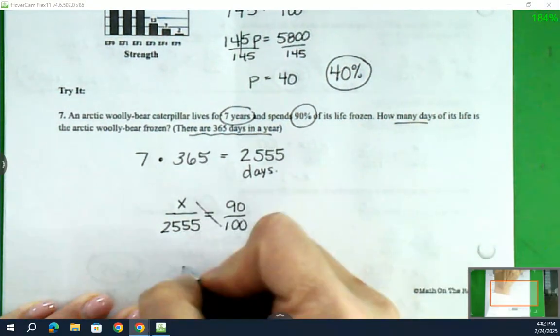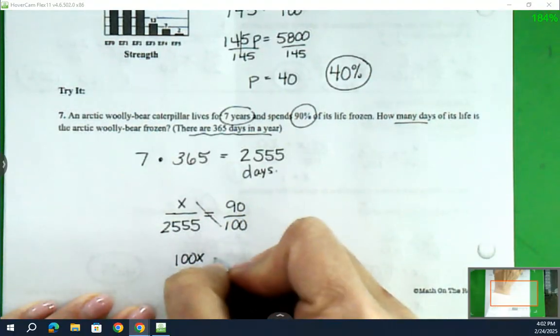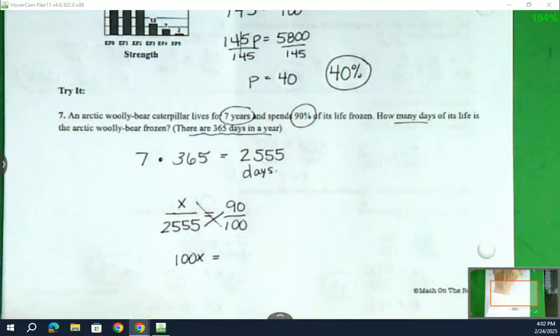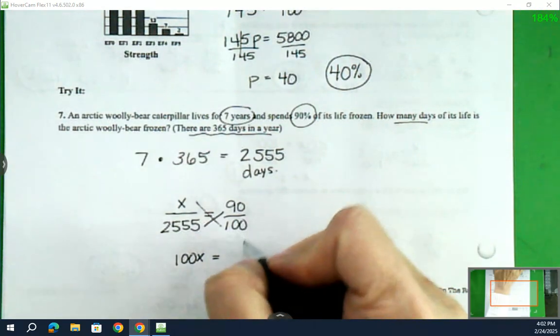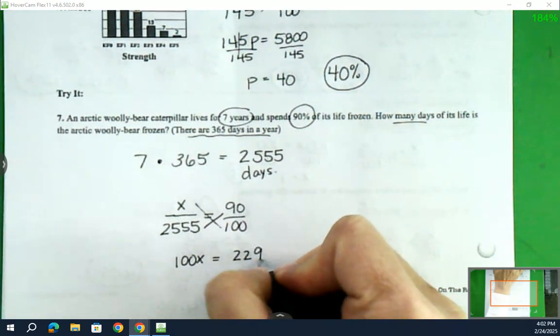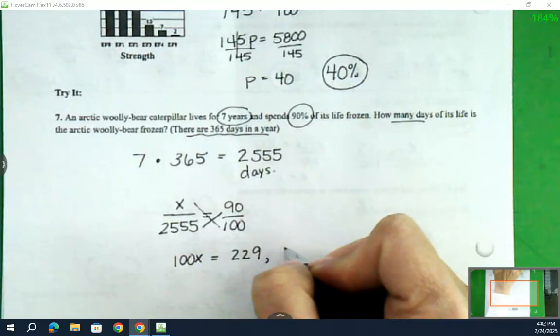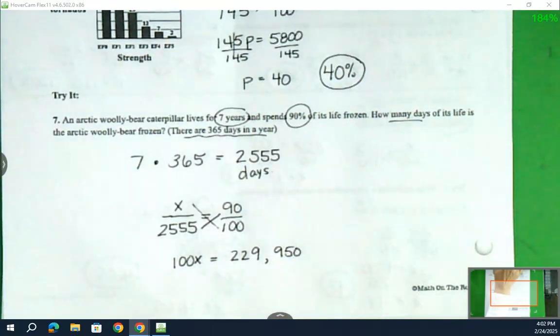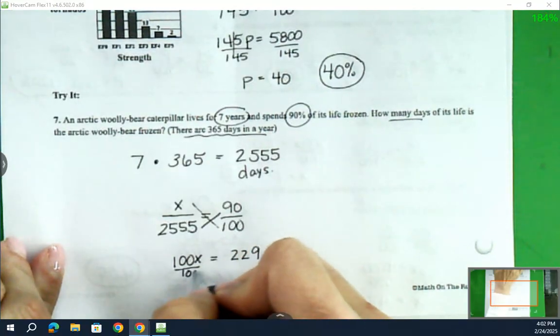X times 100 is 100x. That's going to equal 2,555 times 90. And that works out to be 229,950. All right, let's divide by 100 here, both sides.